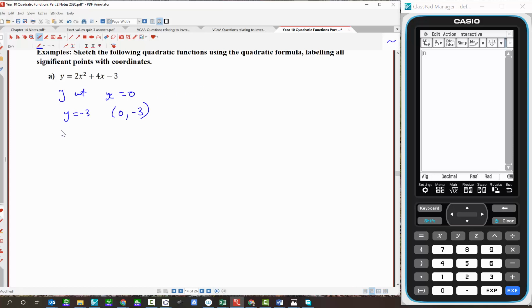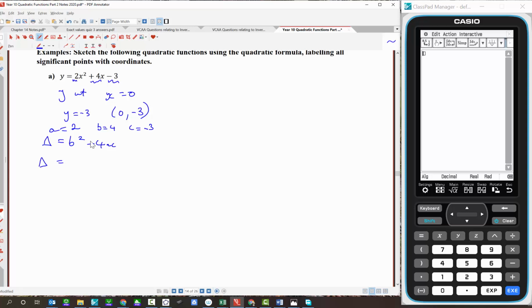Now what we're going to do is check whether it does have x-intercepts. So let's do a discriminant check on it: b squared take 4ac, where a is the coefficient of the squared term, b is the coefficient of the x term, and c is the constant, negative 3.